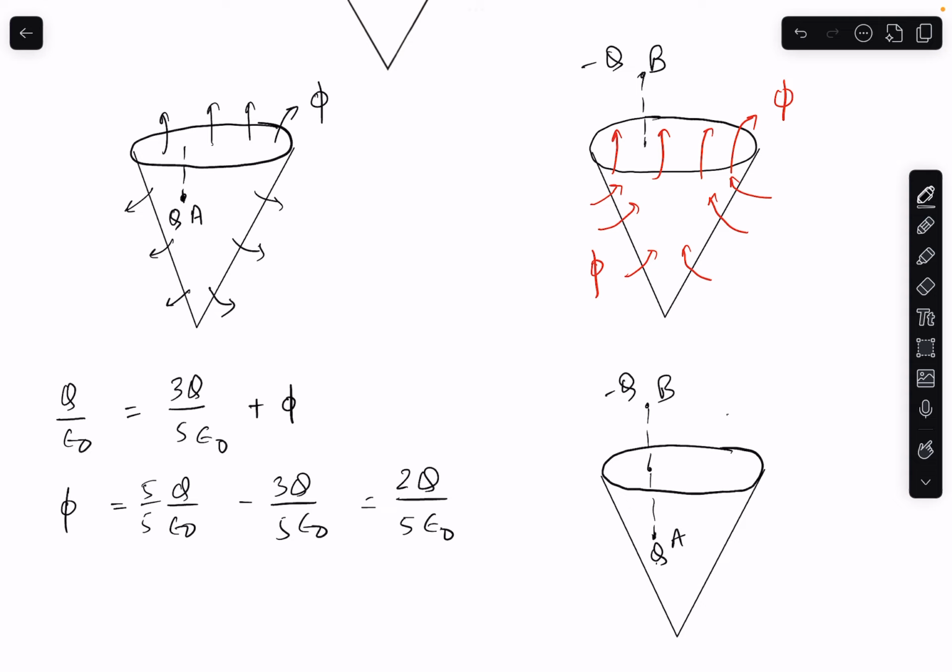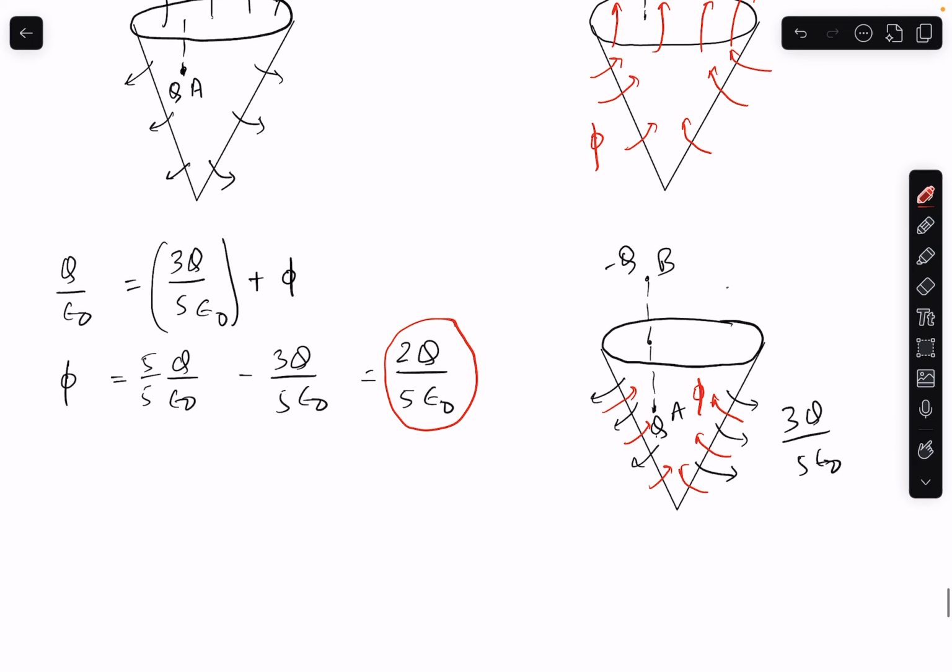The flux due to the charge at A is 3q by 5 epsilon naught outward. It is already given in the question. And due to the charge B, we have already calculated the flux through the inclined surface, due to minus q charge at B it is also phi, and its direction is like this. Its direction is like this, and this is phi in magnitude, which we have already calculated.